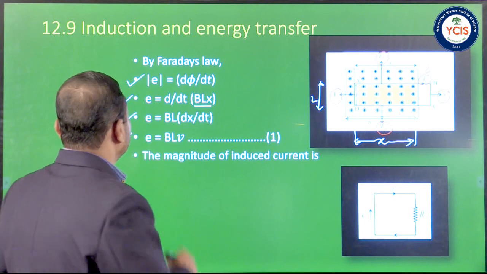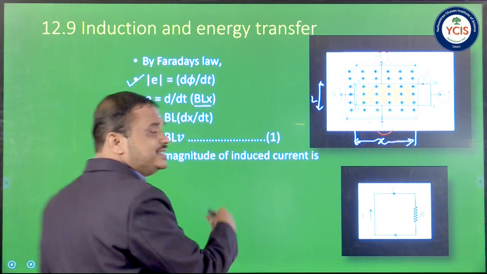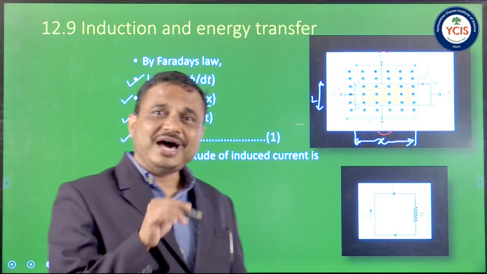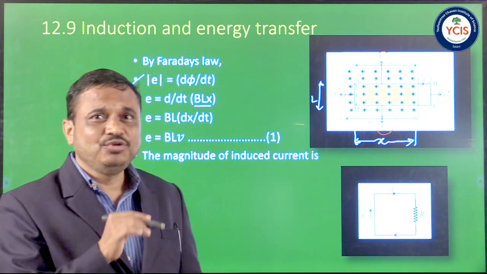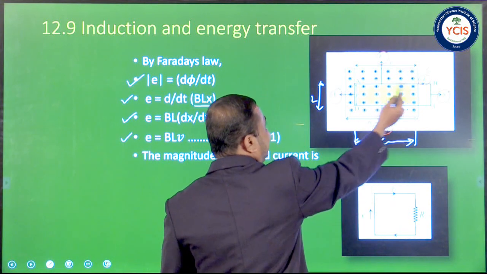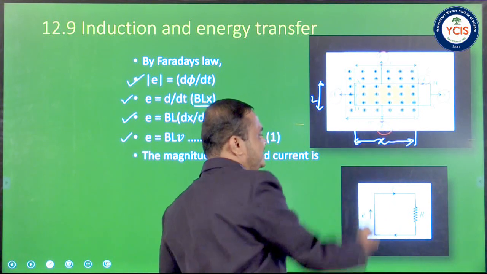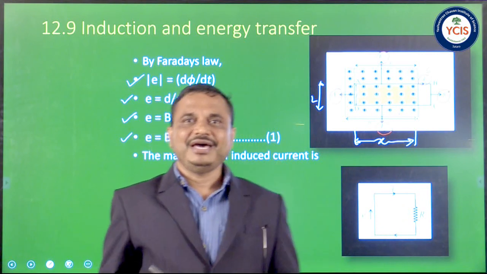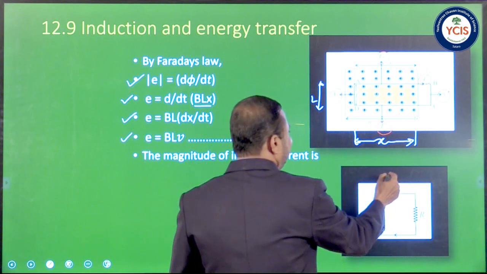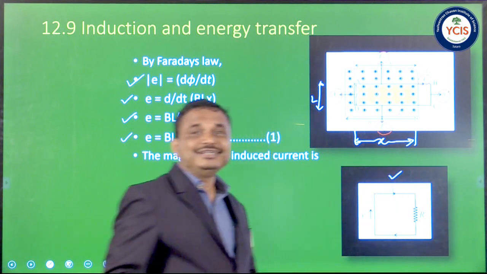Now, as the EMF is induced in this loop, if R is the resistance of that loop, then in the second figure we see that the collective resistance of the loop is a capital R, and E is the induced EMF. Then current I will flow through that loop.